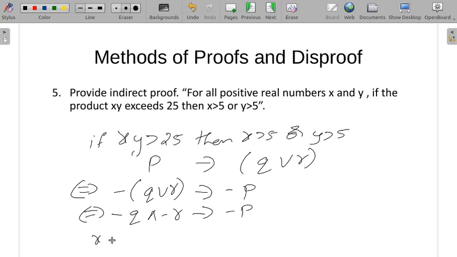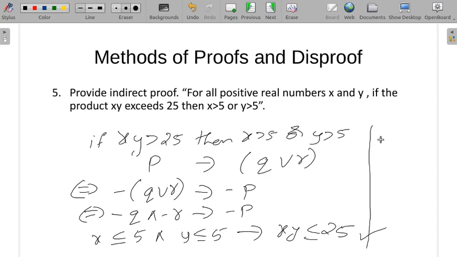If x is less than or equal to 5 and y is less than or equal to 5, then xy will be less than or equal to 25. By basic arithmetic we know that this is true. Therefore, we can write the conclusion by basic arithmetic.